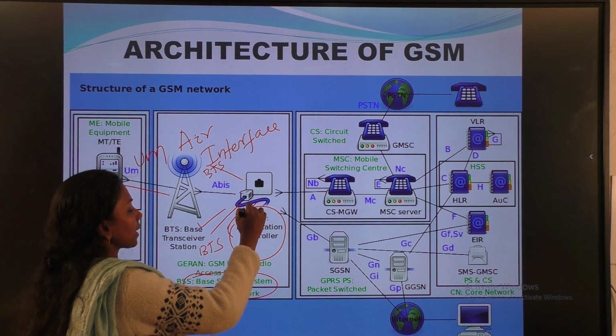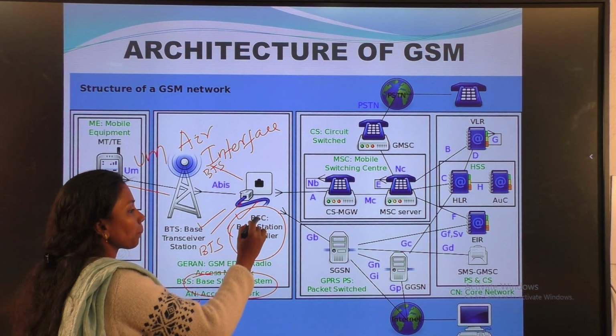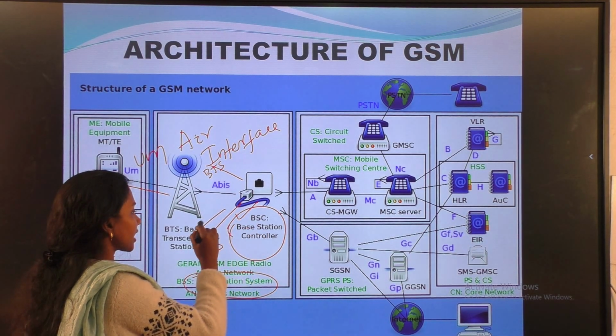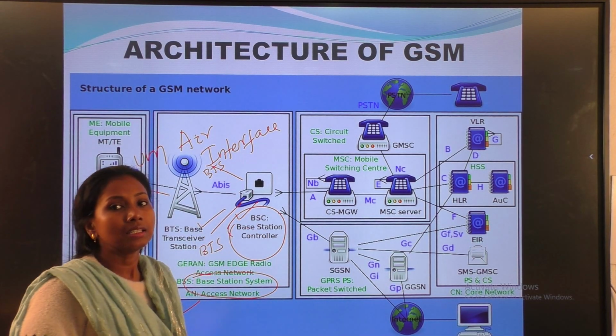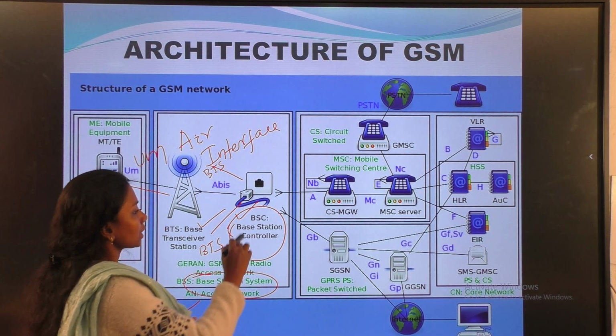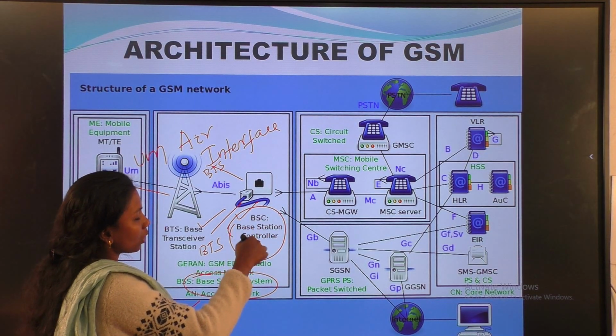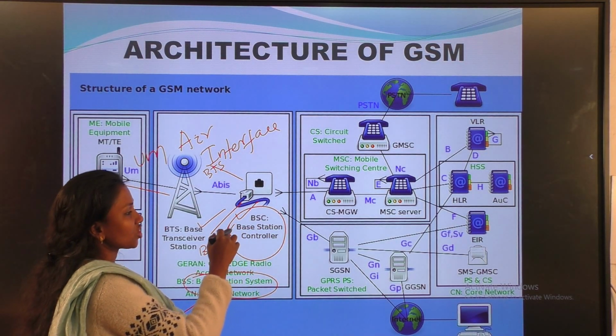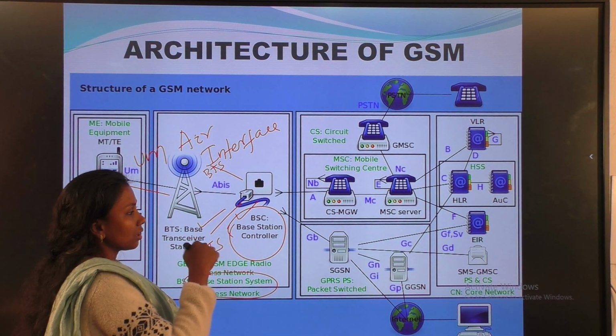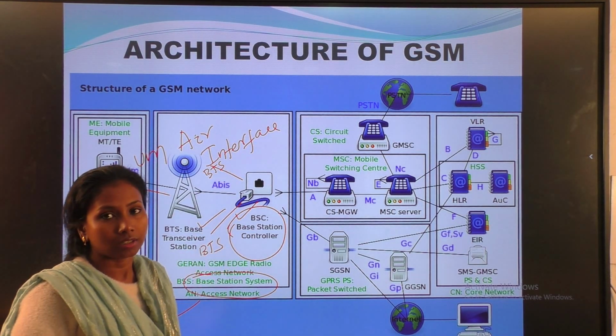So a single BSC, that is your base station controller, is connected with a number of BTS in a network, and the BSC allocates the channel in the duration of call.